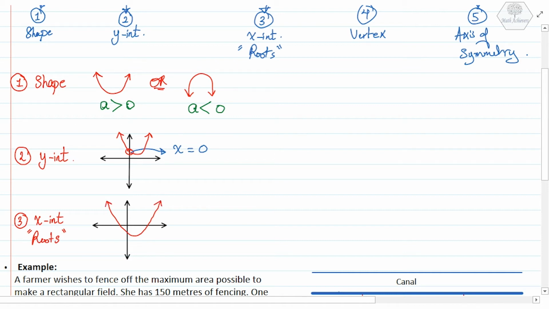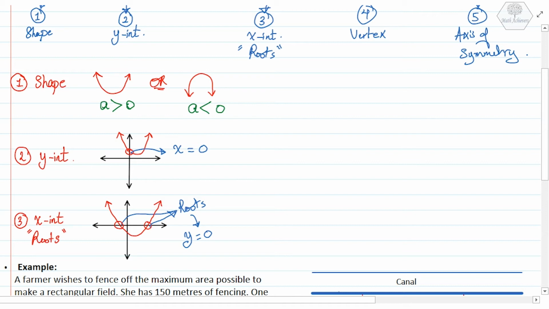The roots are where the curve crosses the x-axis. These are the roots. So I call the intersection on the x-axis the roots of the curve. The roots occur when the value of y or the value of the function is 0.